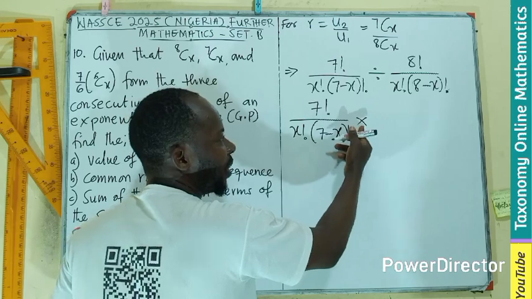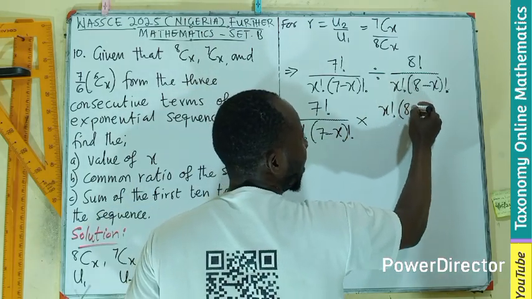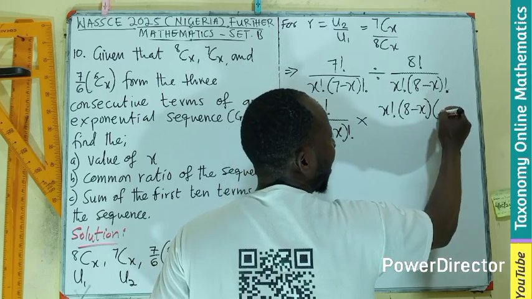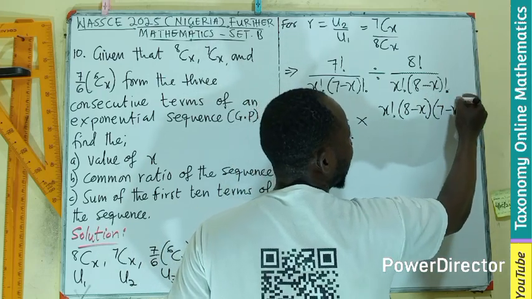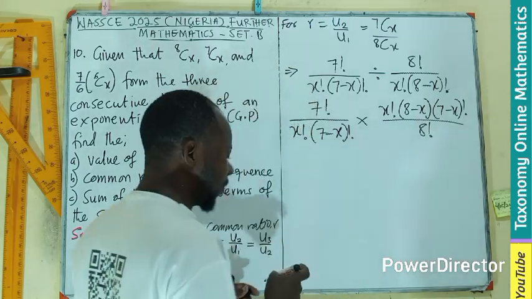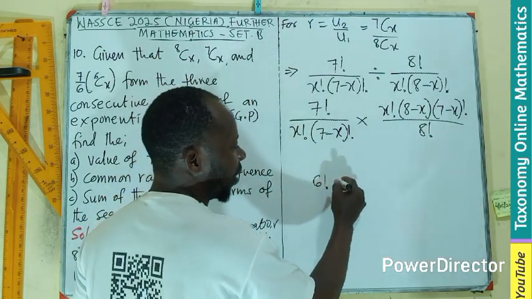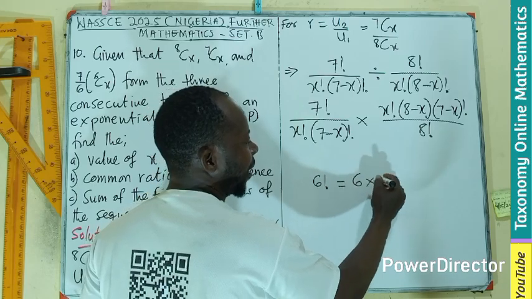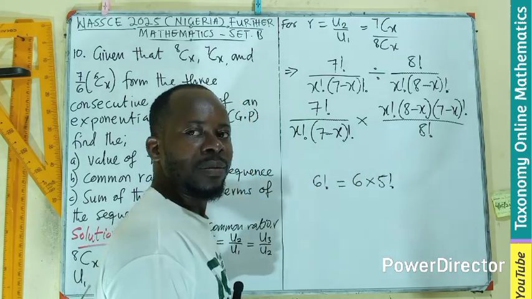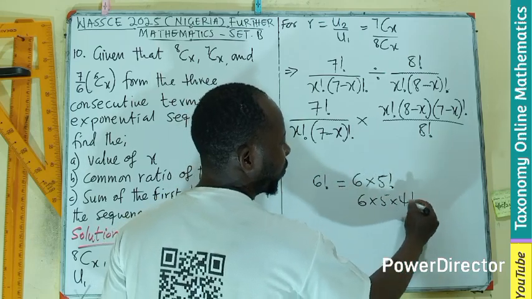This now becomes multiplication. I have my x factorial times bracket 8 minus x times 7 minus x, all factorial, divided by what? 8 factorial. Why do I have this? 6 factorial is the same as 6 times 5 factorial, which is the same as 6 times 5 times 4 factorial.